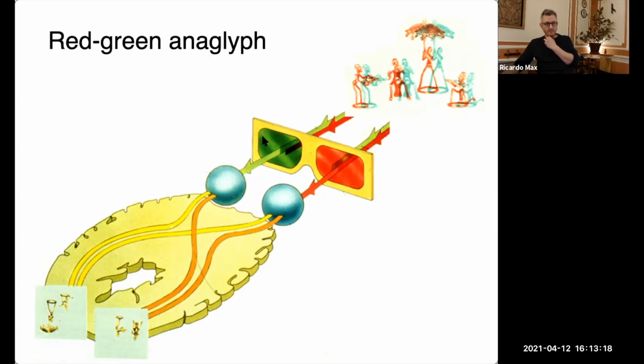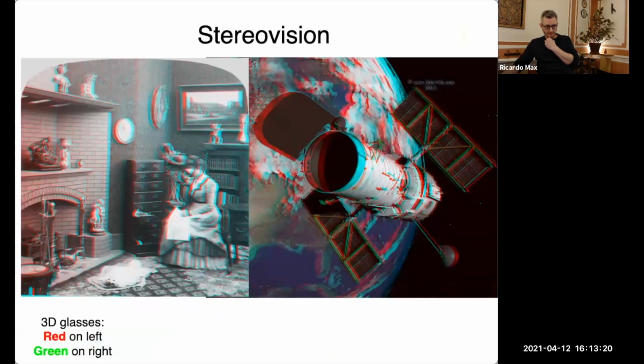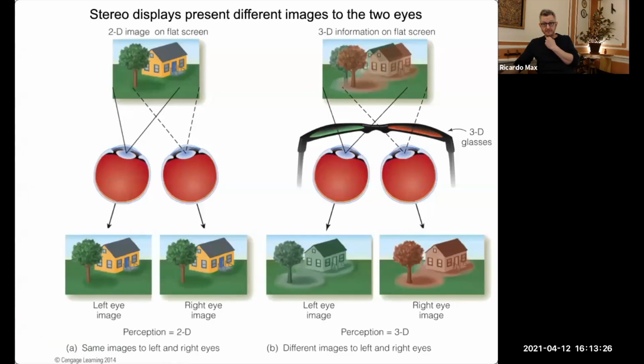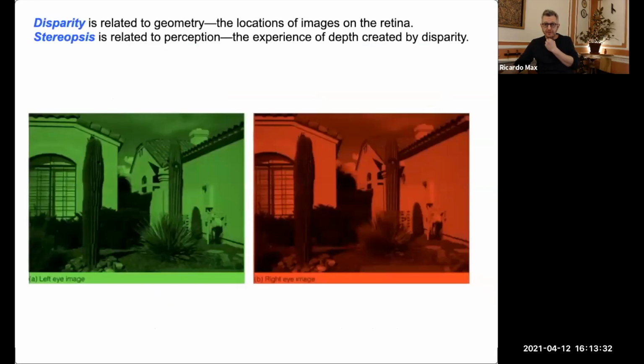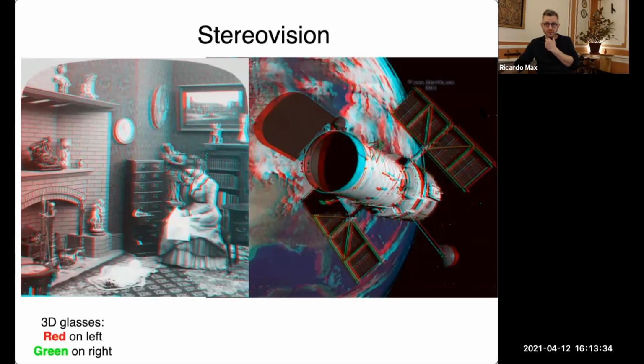So each picture goes to each eye, and then we have the perception of 3D. And it's very strong. It works pretty easily. Even these pictures that I'm showing you here, if at home you have one of those glasses and you look at it, it will work. If you have red and green cellophane and you put it in front of it, it will work.